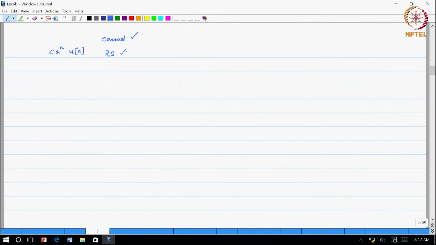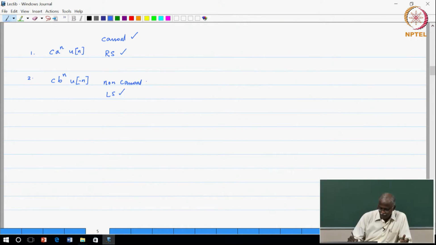Of course, causal means it would be right-sided. The second example would be C times b power n u of minus n. This is left-sided clearly, and it is not anti-causal, it is non-causal, because it is defined at n equal to 0, again the same property that we discussed earlier.